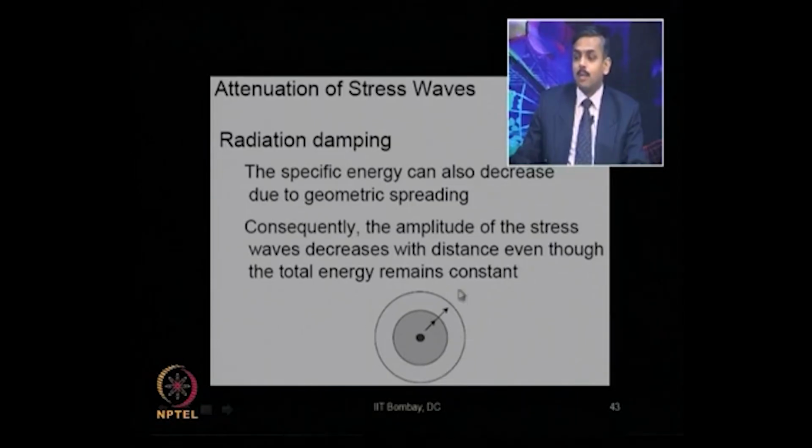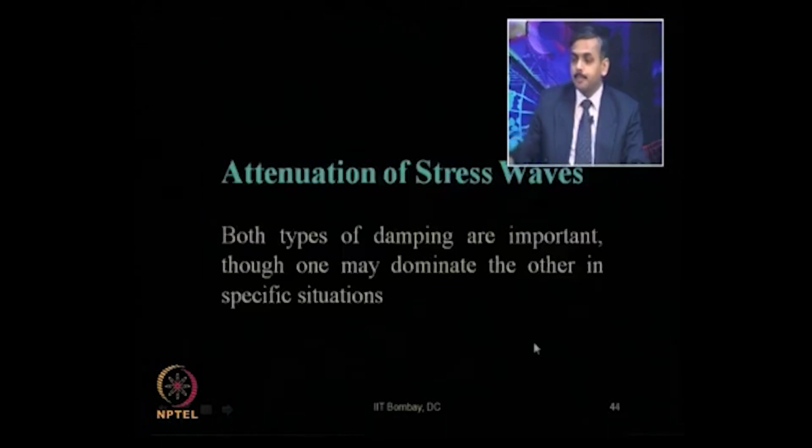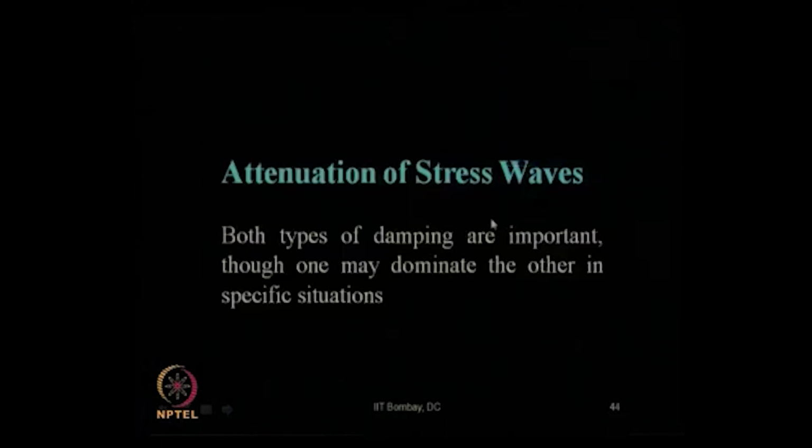Then this white circular area. So as it spreads over larger and larger distances, obviously its amplitude will keep on decreasing, though the total energy remains constant. So for the attenuation of stress waves, we have seen both types of damping are important, whether it is viscous damping or radiation damping.